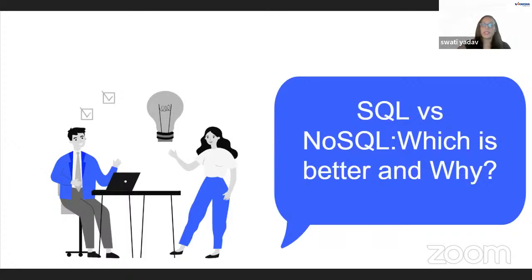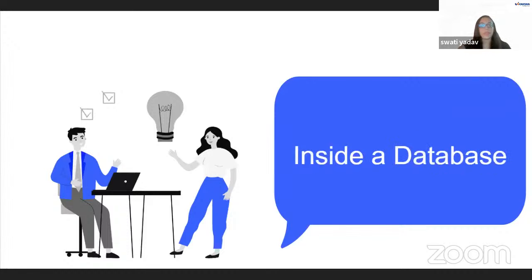Before we delve into talking about SQL and NoSQL, why not talk about this for anyone who is new? Let's try to understand what a database is initially, or what we understand by it. Databases are the backbone of all modern information systems.